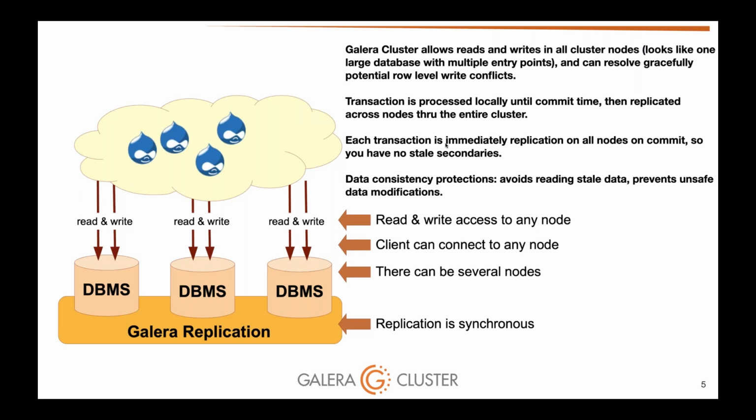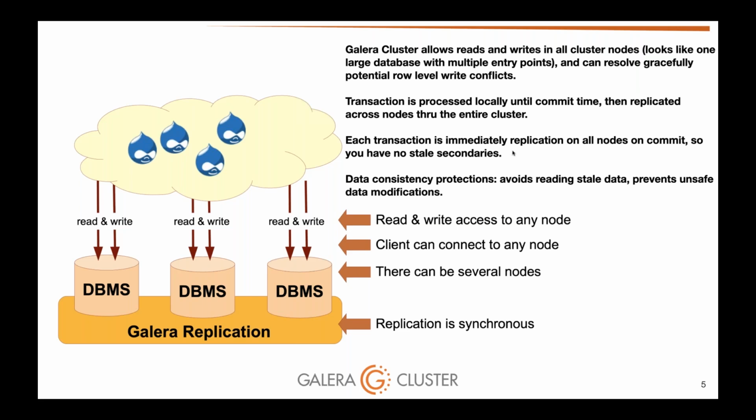And every transaction, as I said, is processed locally until commit time and replicated across nodes to the entire cluster. And of course, every transaction is immediately replicated, so you don't have a stale secondary. This is the whole idea of certification-based replication. And you, of course, have data consistency protections. You don't have stale data reads, and you don't have unsafe data modifications.